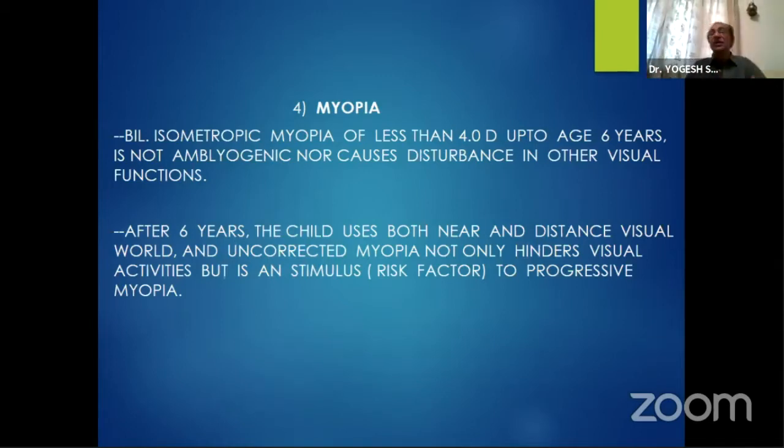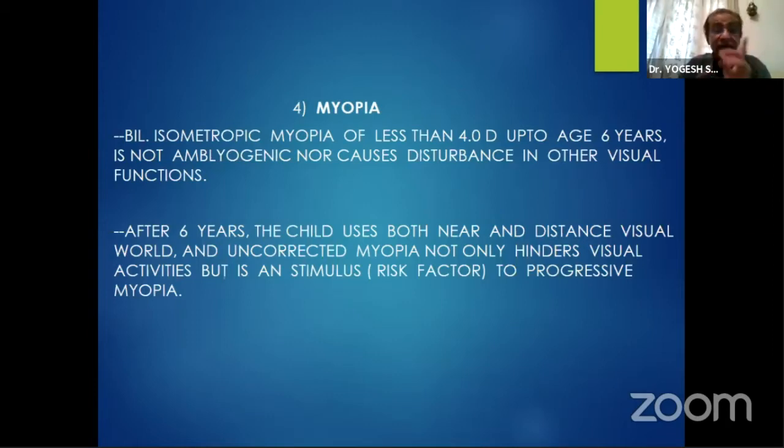The child before 6 years is just playing and learning, so the visual effect does not come into the picture. Up to 6 years of life it is not amblyogenic, nor does it cause disturbance in other visual functions, because mostly the child is playing with toys and near work, so that vision is absolutely crystal clear and crisp. So he does not have any complaints, neither does any visual function disturbance occur.